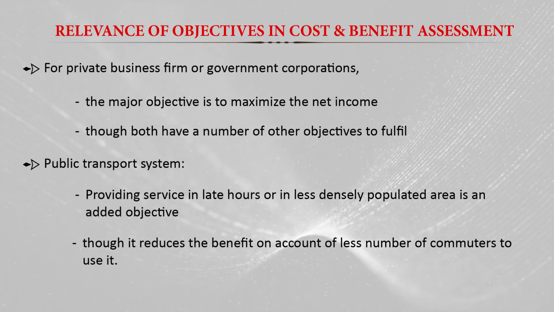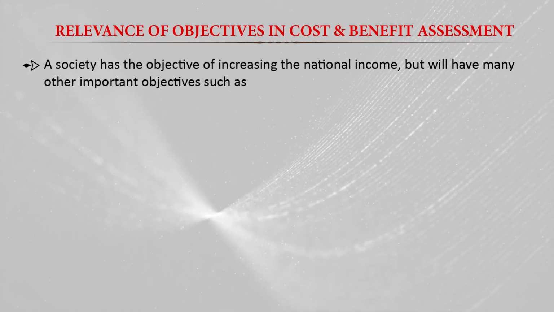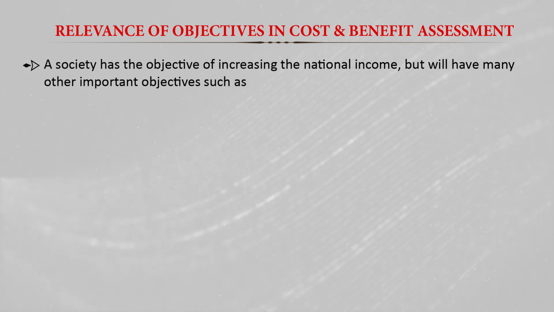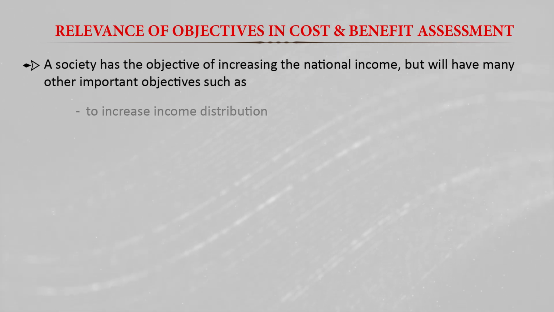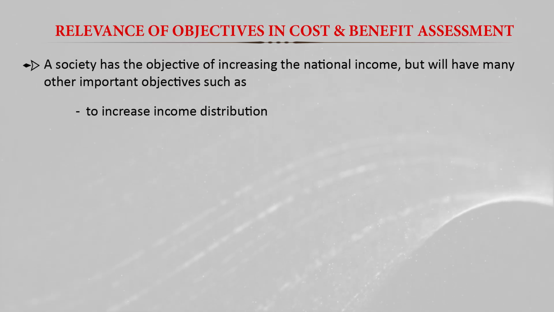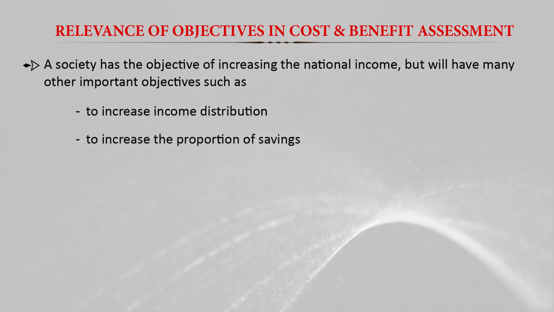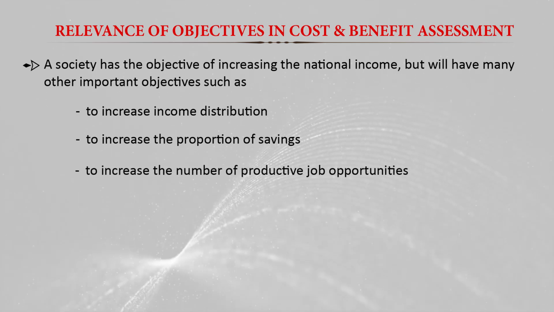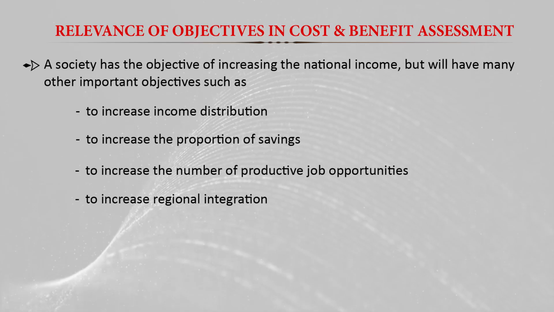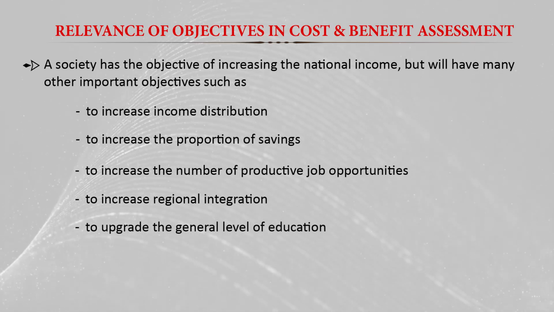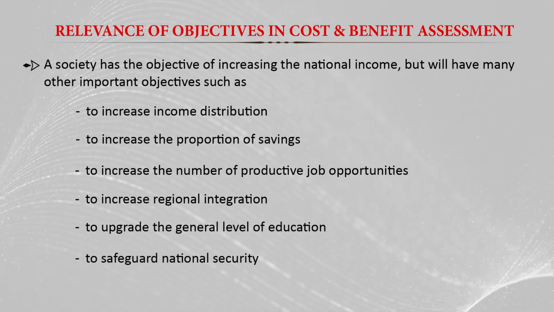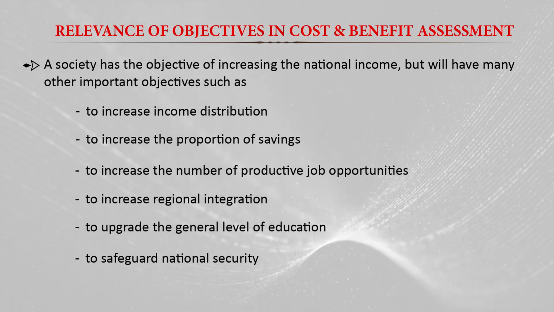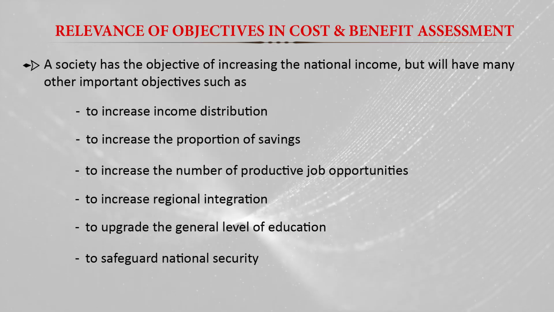So a society has the objective of increasing the national income, but will have many other important objectives, such as to increase income distribution, to increase the proportion of savings, to increase the number of productive jobs and opportunities, to increase regional integration, to upgrade the general level of education, to improve rural health, and to safeguard national security. So we have a limited budget.